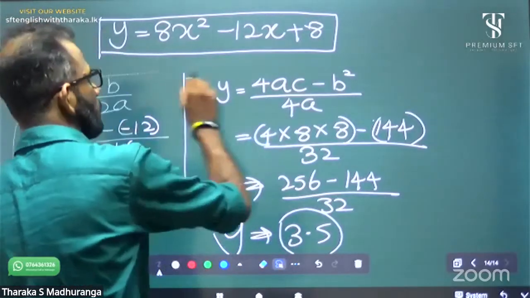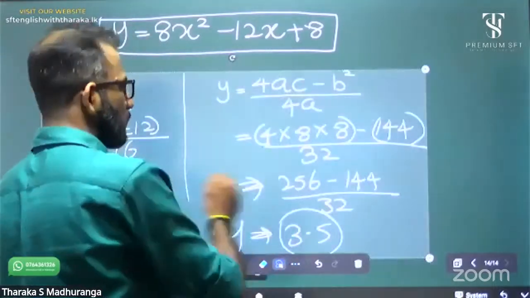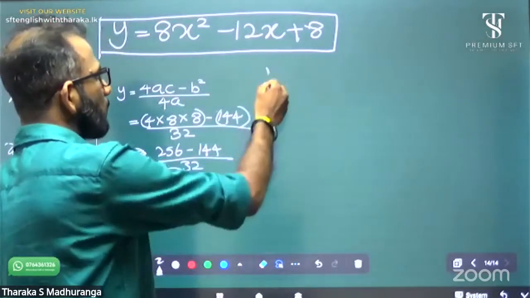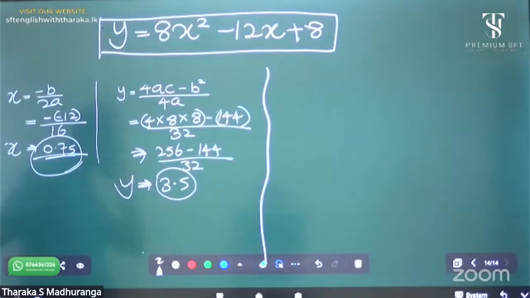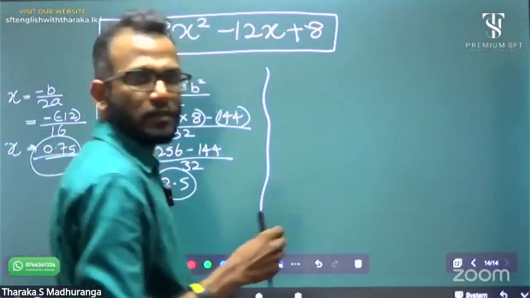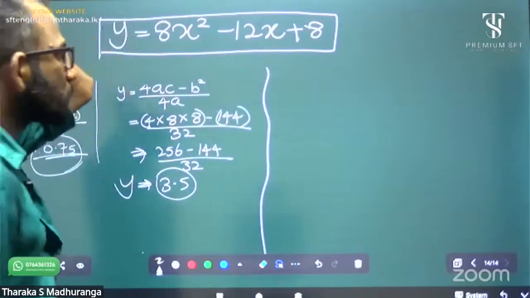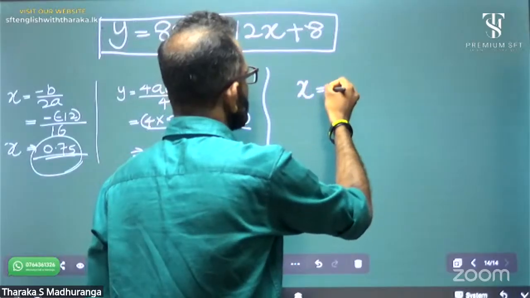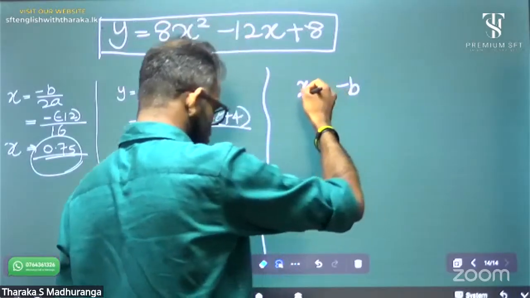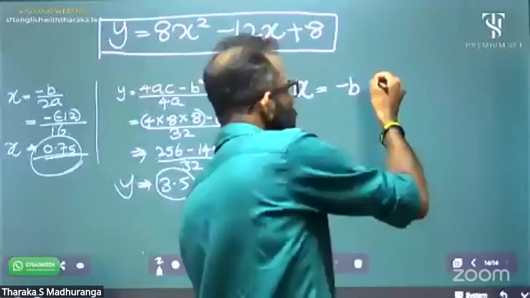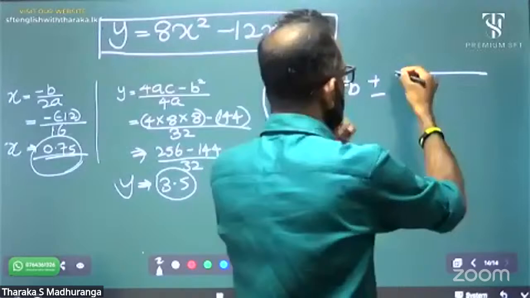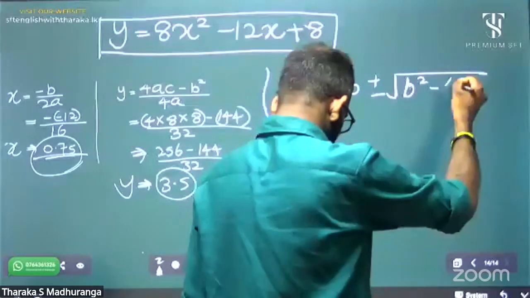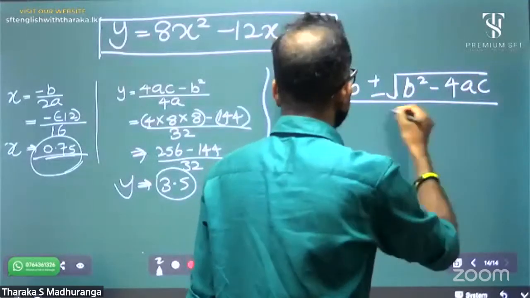X equals minus B plus or minus square root of B squared minus 4AC, over 2A.